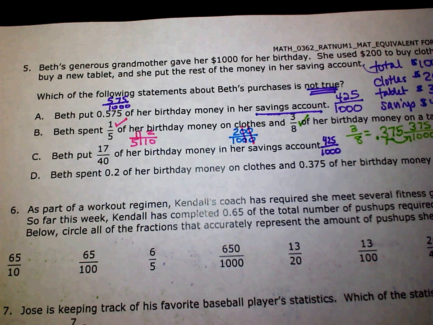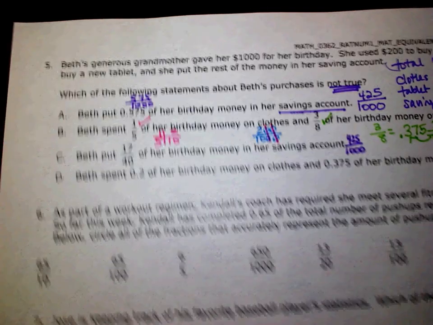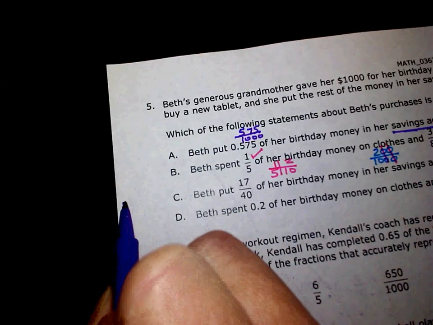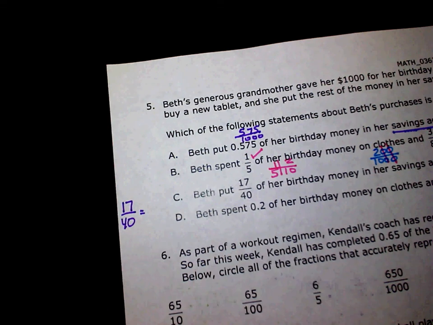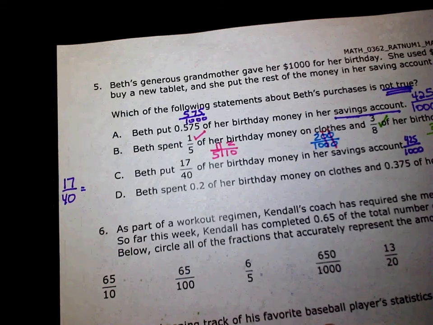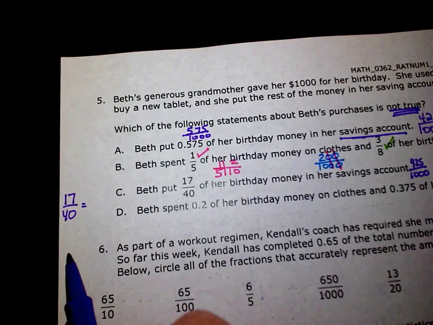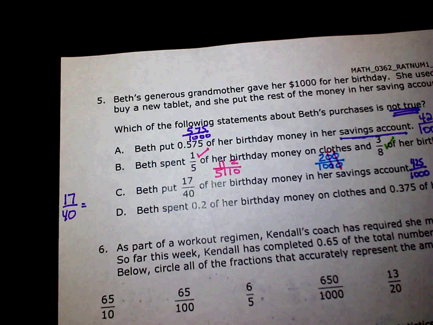So this one's a big number. Let me write it over here so we can see a little bit better. 17/40ths. They want to know, does it equal 425 thousandths? Well, you're looking at this and going, I have no idea. Do we want to grow on an E chart 40s until we reach 1,000 to see if it's there? No, I really don't want to.